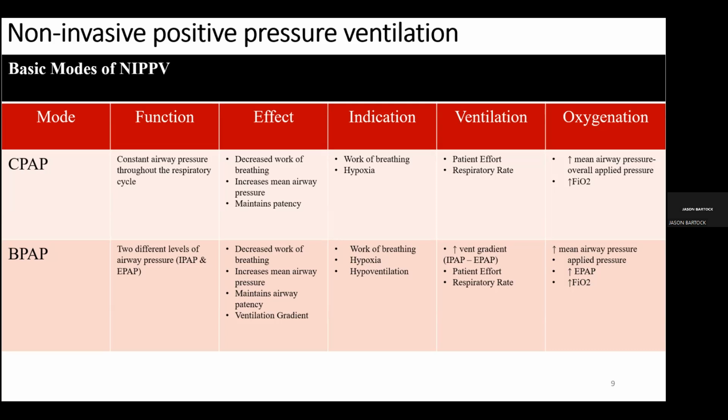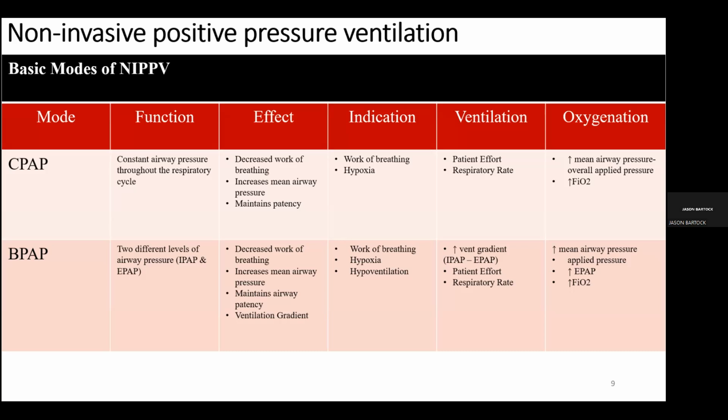The primary benefit of continuous positive airway pressure is to provide mean airway pressure, which can overcome some obstructive forces, like if you have obstructive sleep apnea or a high boggy oropharynx in the proximal airway. And then it will provide mean airway pressure in the distal airways.